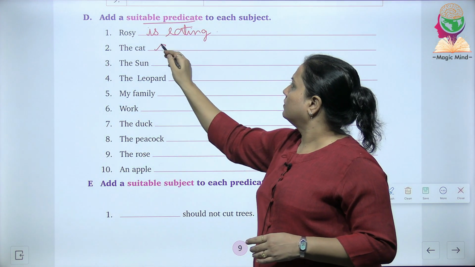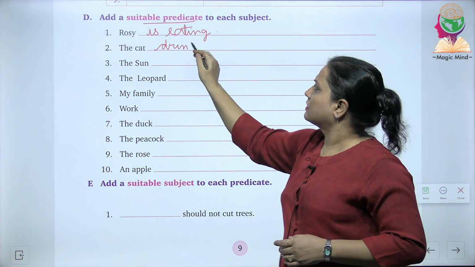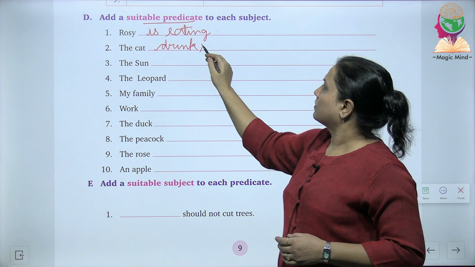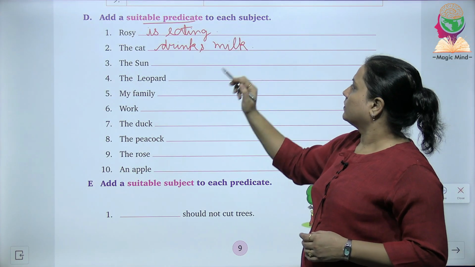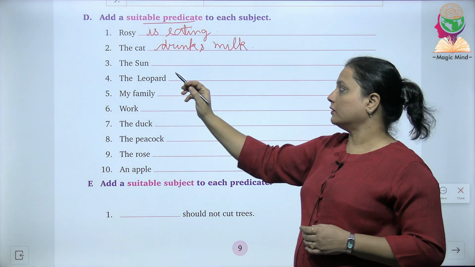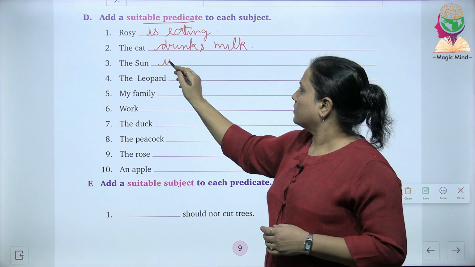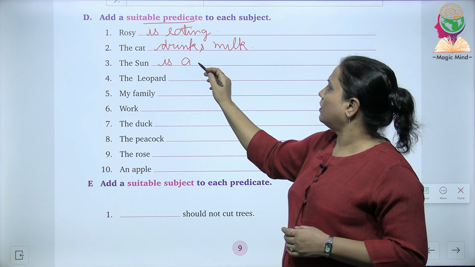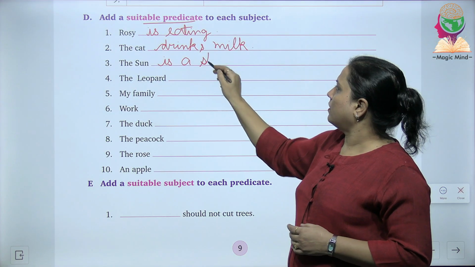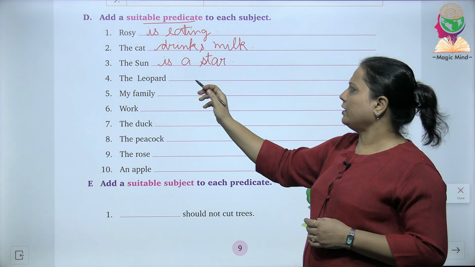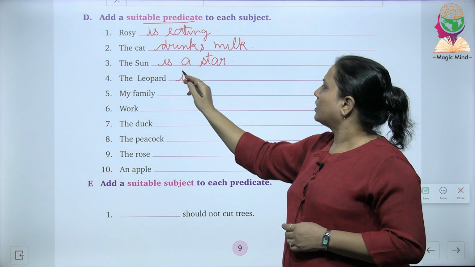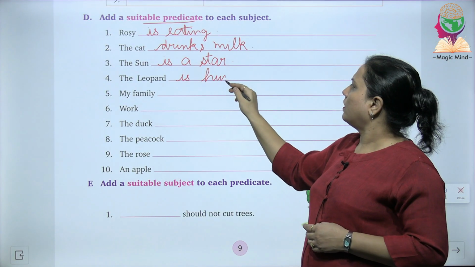The cat drinks milk. Then the next sentence, the sun is a star. Then the fourth one, the leopard is hunting.